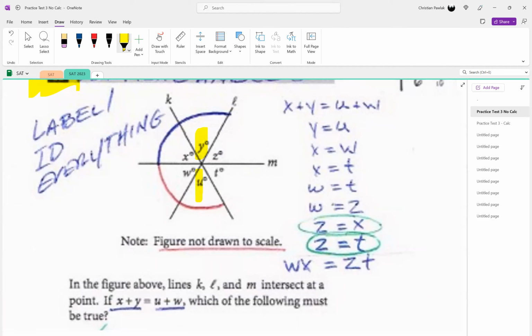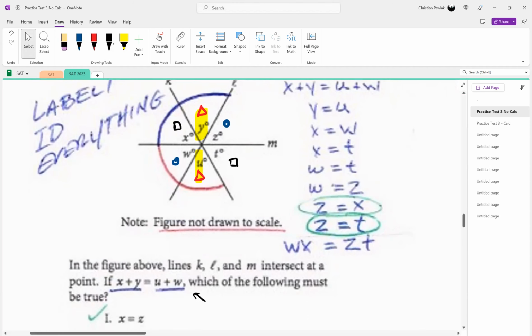But rather than making a big mess out of things, I'm going to say this is a triangle and this is a triangle. And therefore z must compare with w, and x is congruent to t. The reason I do that is because when I have an equation like this and I'm mixing algebra with geometry, I don't want to use those little arc symbols.